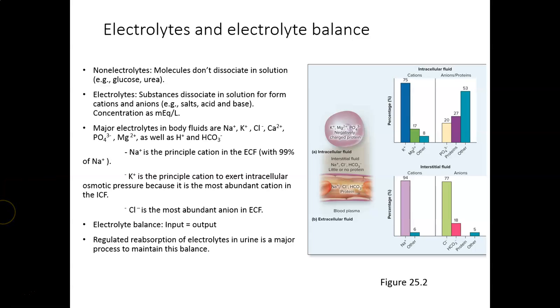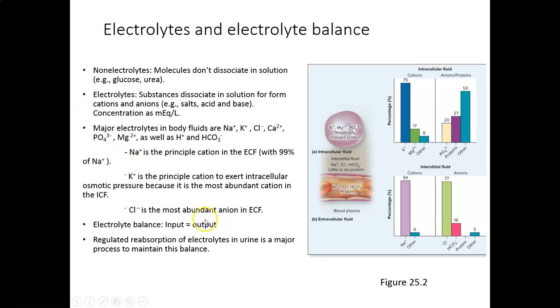So when we talk about electrolyte balance, it's just like when we talk about fluid balance. To get to balance, you need to have the input equal the output. The input comes from food, because those are electrolytes we cannot generate ourselves, so food and drink. And then what's the output?